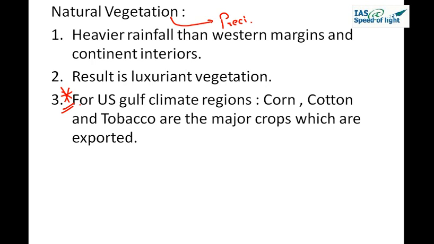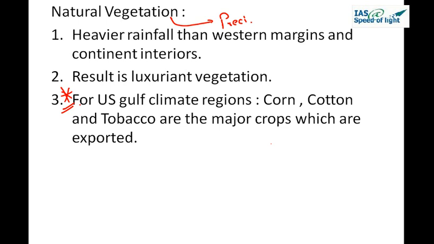Some of these crops require good precipitation and a frost-free summer. So for them, this U.S. Gulf climate suits, and they are found in a good number: the corn, cotton, and tobacco.